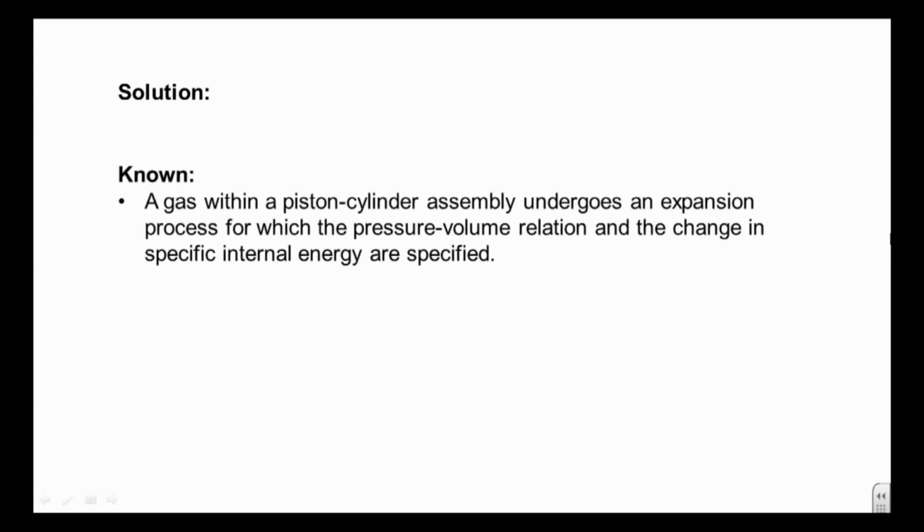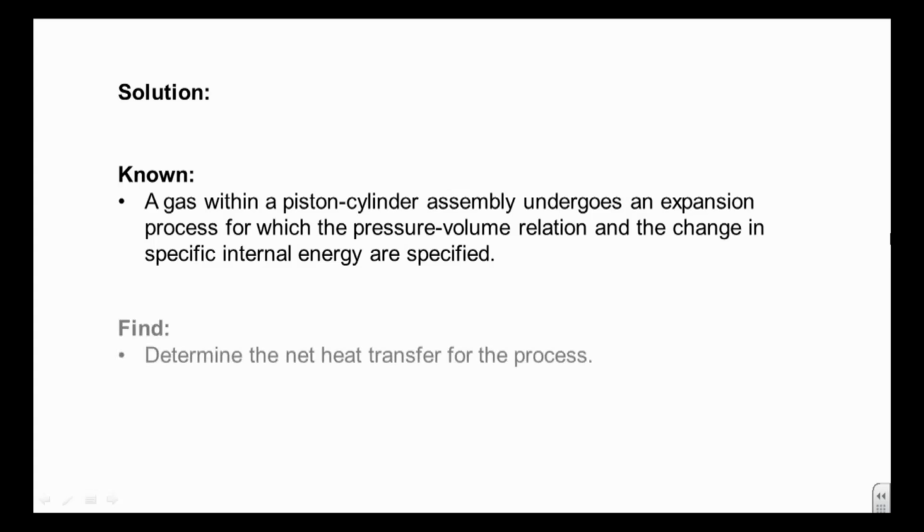The first thing to do in any problem solution is to summarize what is known. This is essentially the same information we highlighted in red in a critical read of the problem statement, in a more compact bulleted list format. A gas within a piston cylinder assembly undergoes an expansion process for which the pressure-volume relation and the change in specific internal energy are specified.